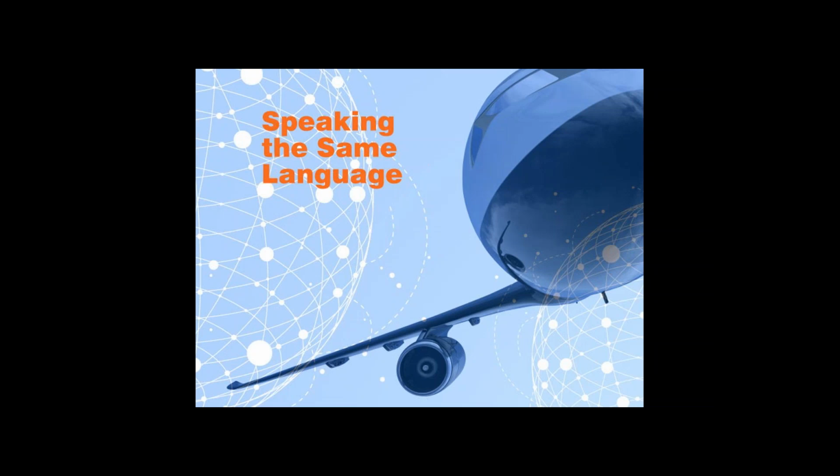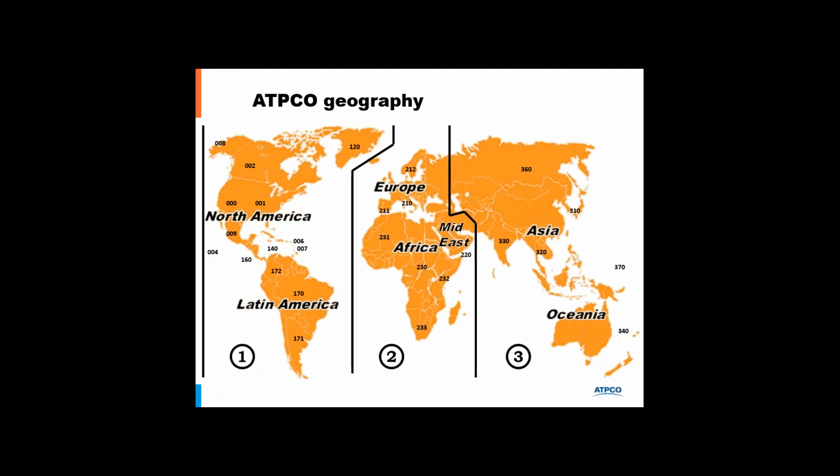Great. Okay. I know ATPCO has a lot of terminology that we use, and amongst airlines and systems, we try to have the same language, if you will, but it's in technical terms. So, for example, in Geographic, we have a look at this where the globe is divided in 3 major sections.